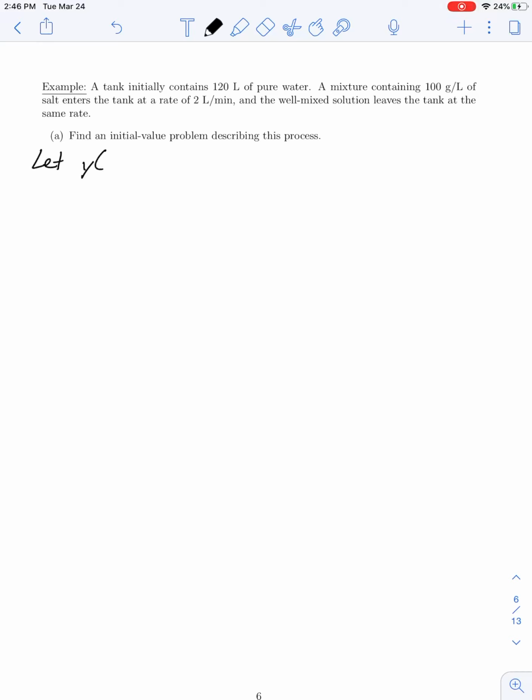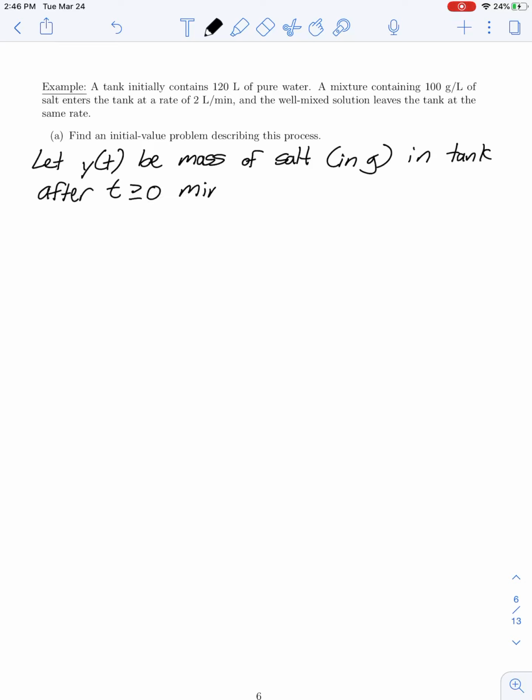So let's start by introducing some notation. We're going to let y of t be the mass of salt. In this example, I'm going to measure mass in grams in our tank after a period of t, which is going to be non-negative since we're talking about time, minutes.